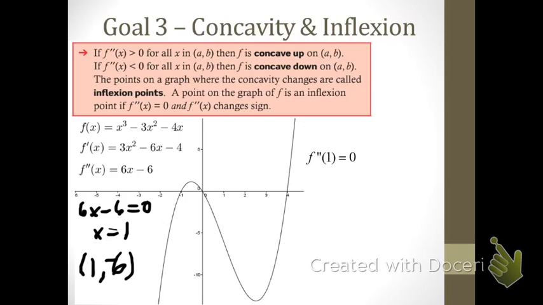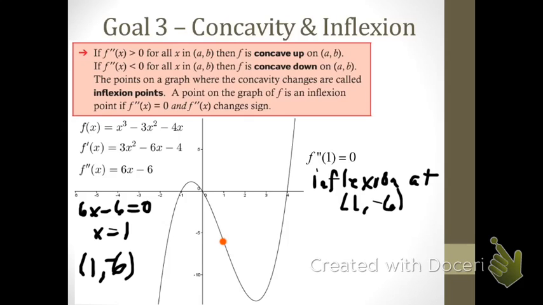At the point 1, negative 6, all right, which you can see is about right there on the graph, I have a point of inflection. All right, so there's an inflection at 1, negative 6.